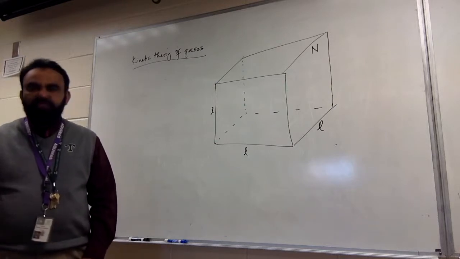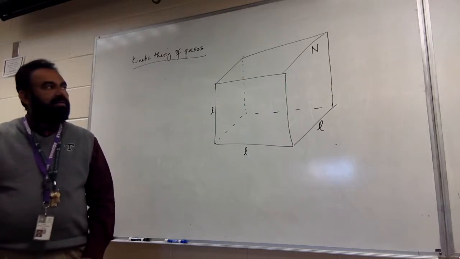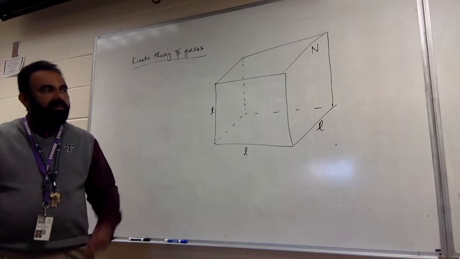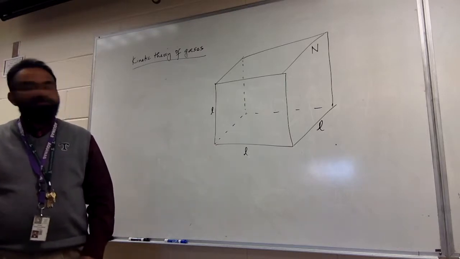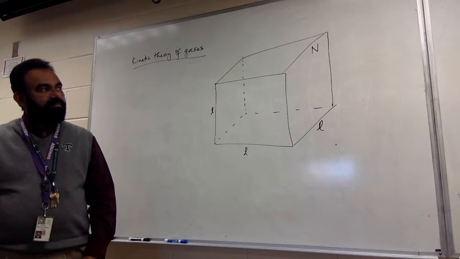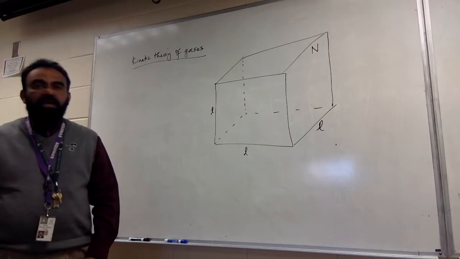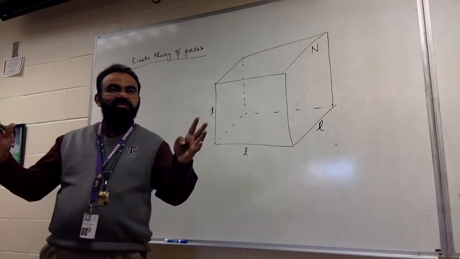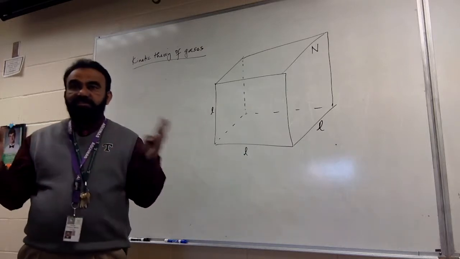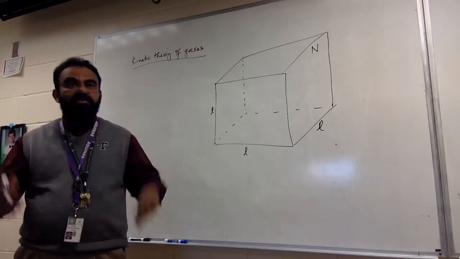Let's talk in terms of molecules. So there are n number of molecules, and all of them are moving in different directions at different velocities. They all have different velocities.